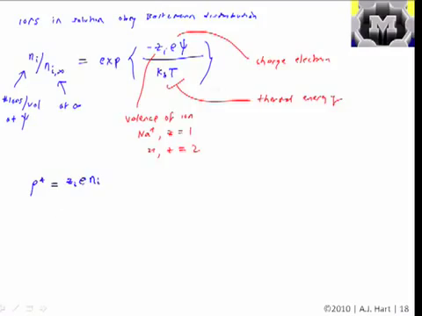So now we have a function that relates the charge density to the expected distribution of potentials of the ions. And if we have multiple ions in solution, then we can just add the charge densities.